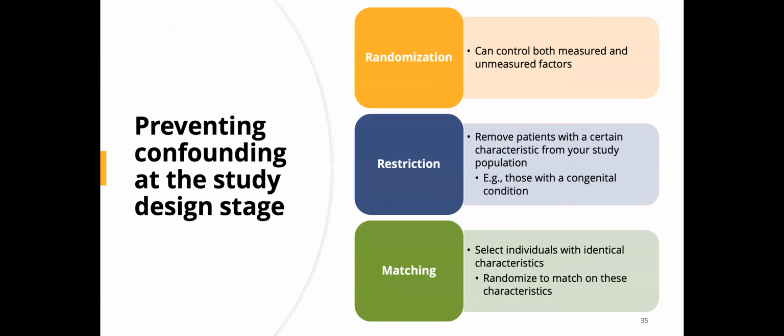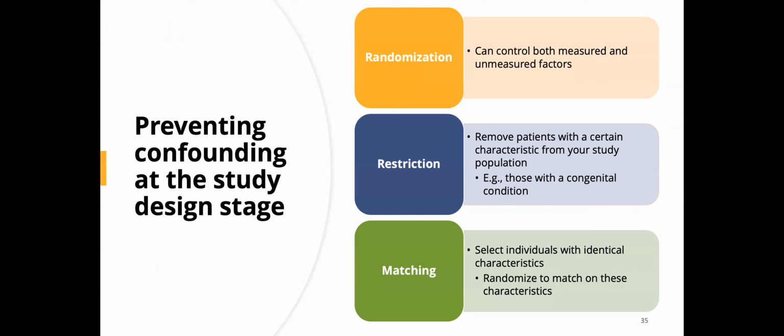There are ways that we can prevent confounding in randomized controlled trials at the study design phase. Of course, as we talked about earlier, randomization is a way to ensure both the control group and the intervention group are similar with respect to patient characteristics.